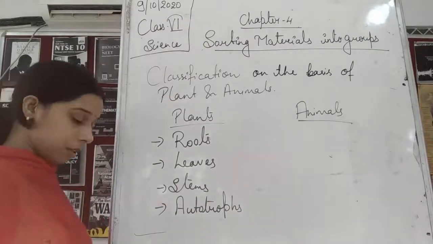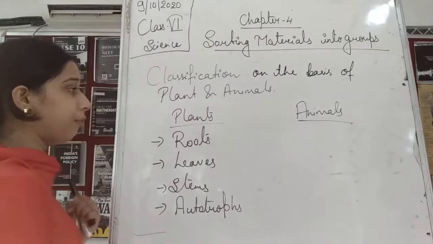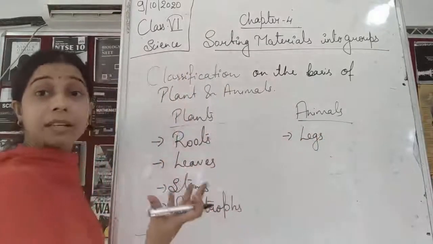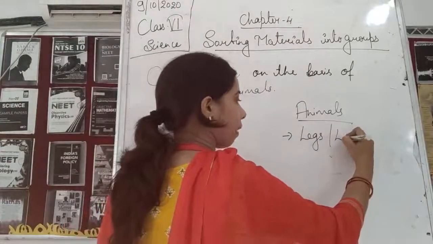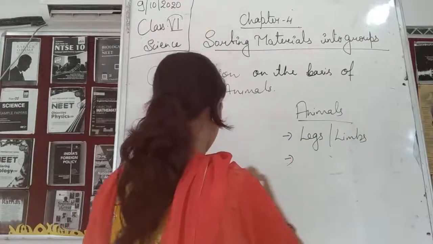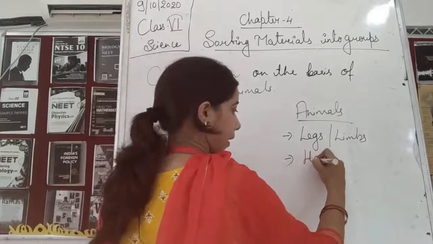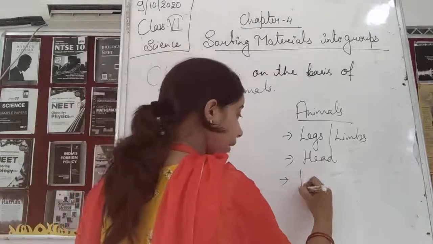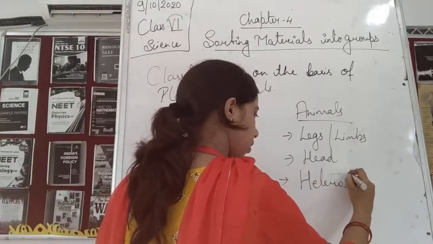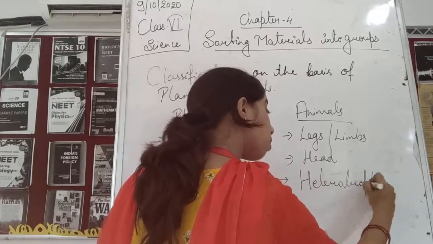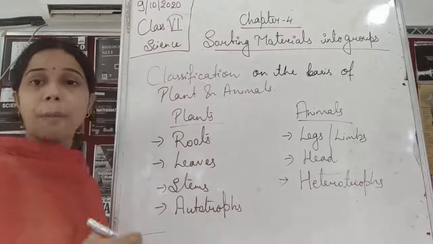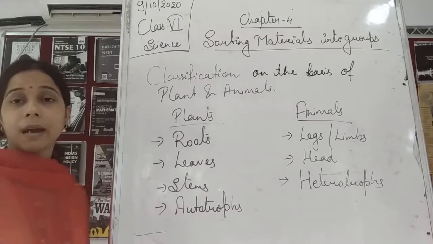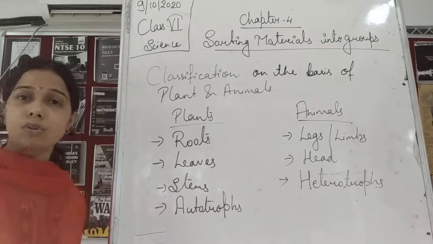What about the animals, students? Animals are different, they have legs, we can say limbs also. Legs or limbs. They have a head. They are heterotrophs, students, because they need food from others. They do not prepare their own food. And that is why they are heterotrophs.